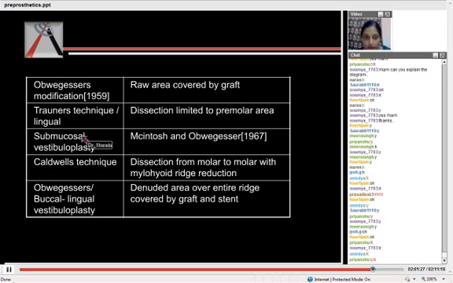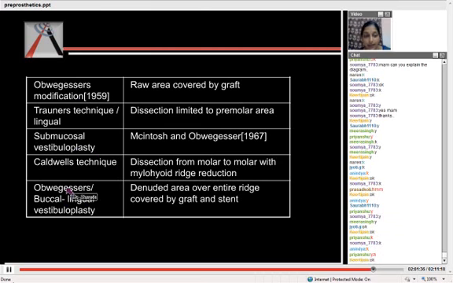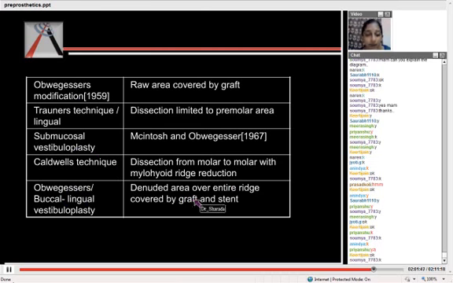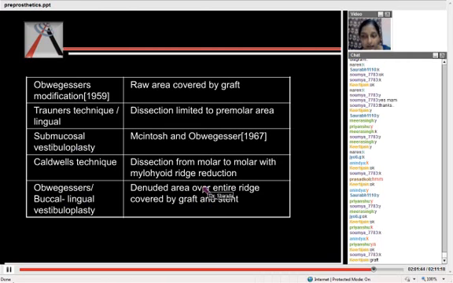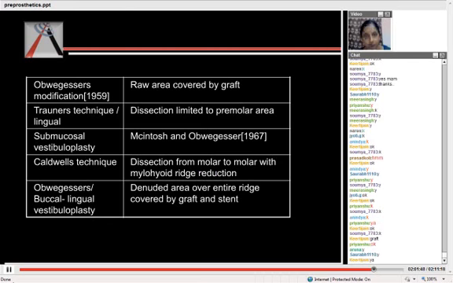He gave a combination, he also gave labial, he also gave submucosal. See again, because it's Obwegesser's, read this: the denuded area over the entire ridge was covered by graft and a stent. Got it? So he always advocated placement of graft.